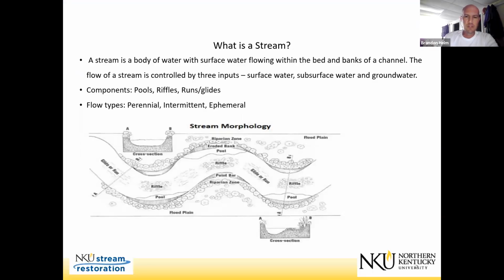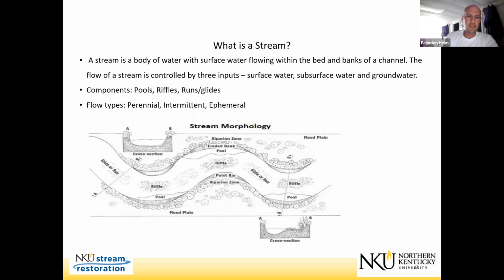So first off, I assume everybody kind of knows what a stream is, but just to define it a little more, it's a body of flowing water basically that is confined within the bed and banks of a channel. Streams are controlled by three major inputs: surface water, rain and surface runoff, subsurface water, and groundwater.